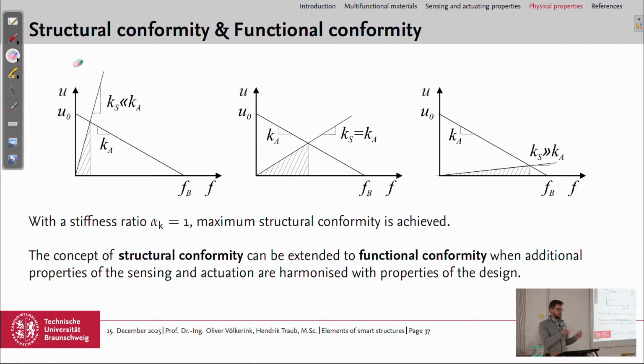If you think back to the multifunctional adhesive bond line, if we integrate these elements as a sensor, then the sensing function may be optimal, but if we use this element also as a crack stopping feature, then maybe the best position of these elements is another position than for sensing. This would be functional conformity, to find the right balance of function and positioning of the elements in the structure.